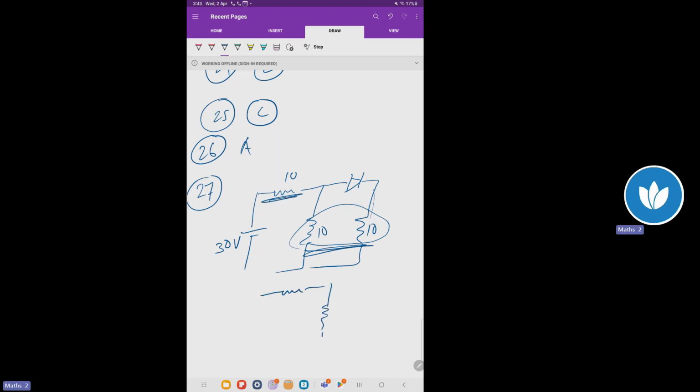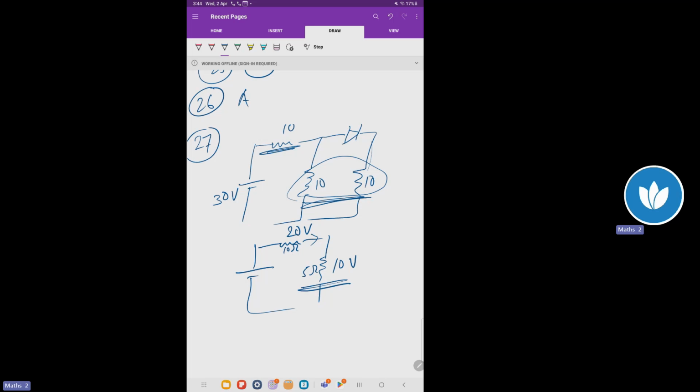So 10 and 5. This 5 ohm will have 10 volt, this 10 ohm will have 20 volt. Total voltage is 30 volt. So the voltage across AB is 10 volt. Current is the same, voltage is directly proportional to resistance, half resistance, half voltage.